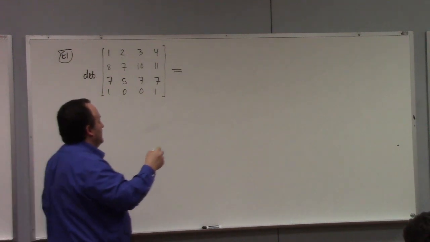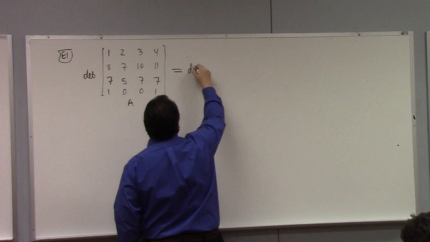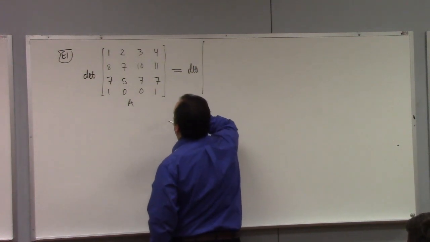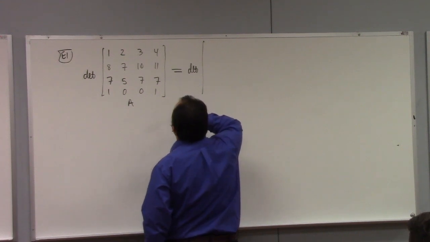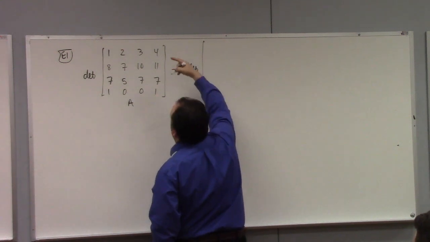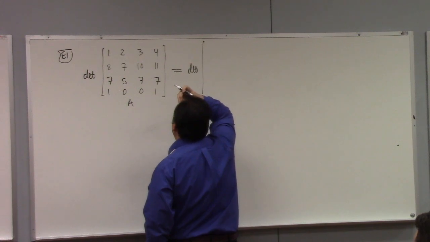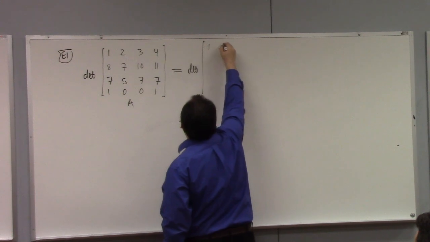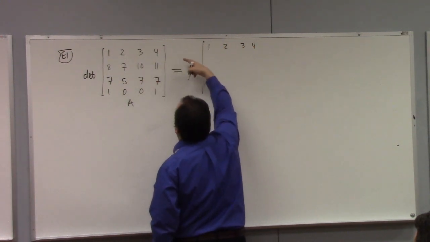If this is A, then the determinant, let's see here. I want to illustrate something. So 1, 2, 3, 4, I can do a row operation, okay?